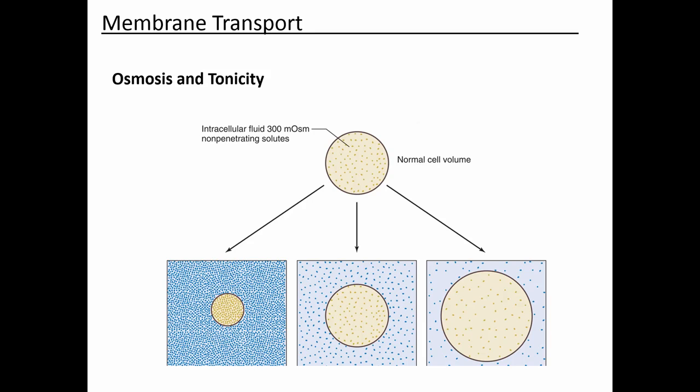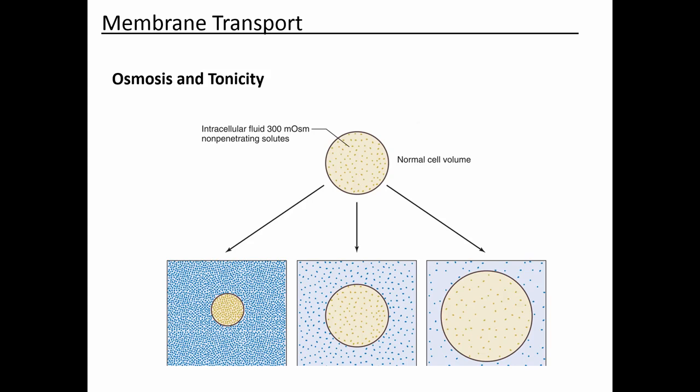A more useful way to think about hyper and hypo and iso is thinking of these prefixes as referring to the concentration of solute in the solution relative to the concentration of solute on the inside of the cell.